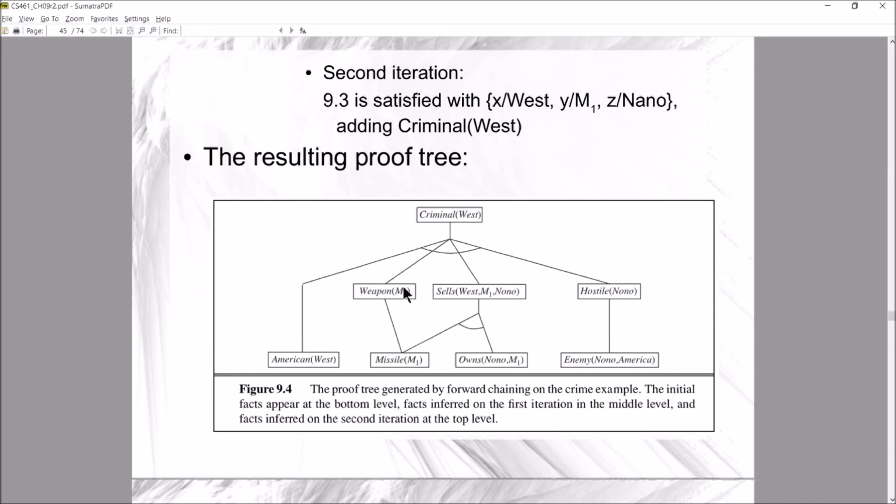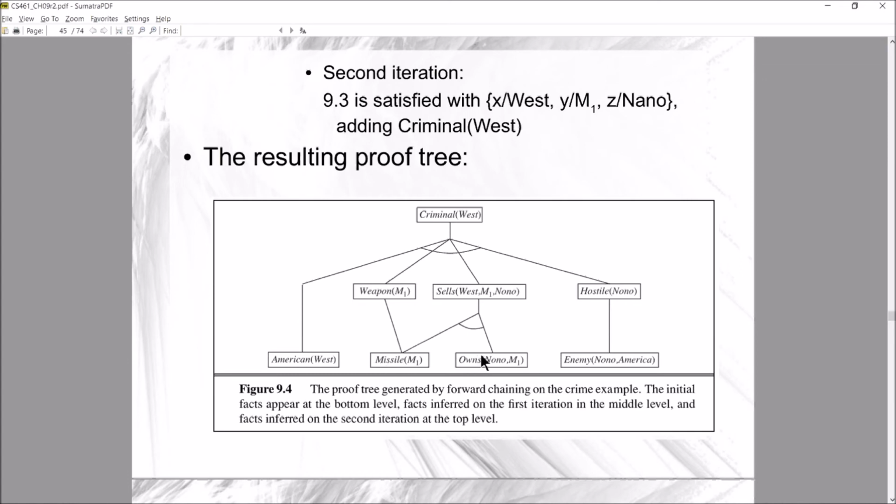All of the facts that we were able to infer are on that first iteration, through our bindings, for replacing X with M1, replacing Z with no, etc. Those are on the second level here, right? So the M1 was derived from missile M1. The no here was derived, and the M1 were derived from no and M1 here.